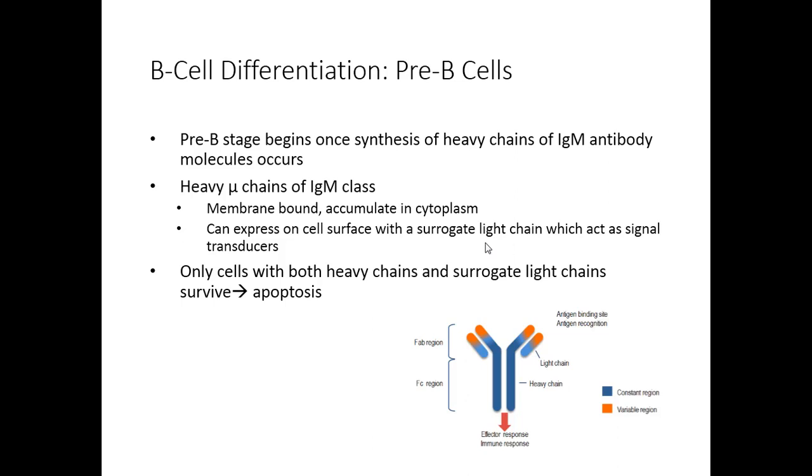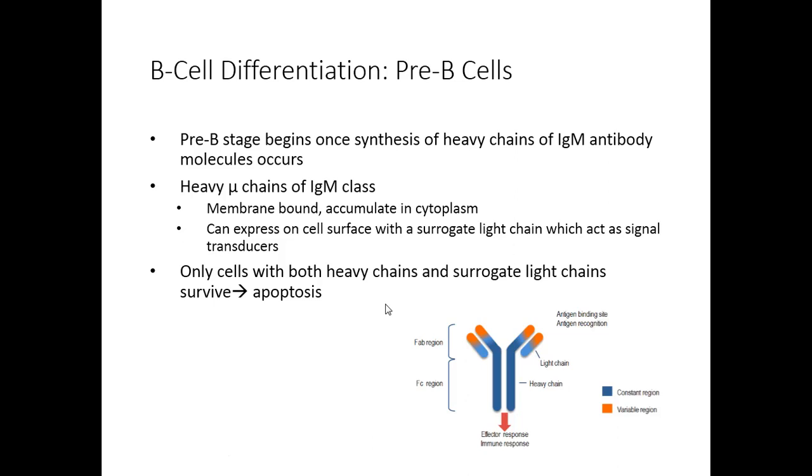And that success of production of the heavy chains and the light chains within the pre-B cell results in the formation of what's called a pre-B receptor. And the development of the pre-B receptor has to be met before these pre-B cells can move forward. So what did we have for these B cells to move forward? The cells with heavy chains, surrogate light chains, and that pre-B cell receptor.